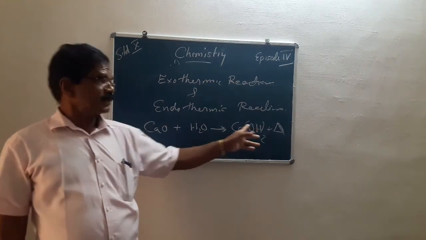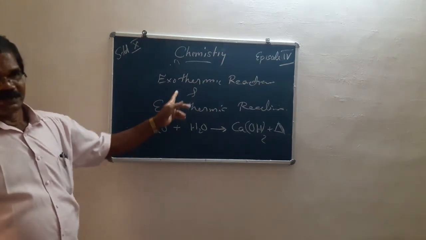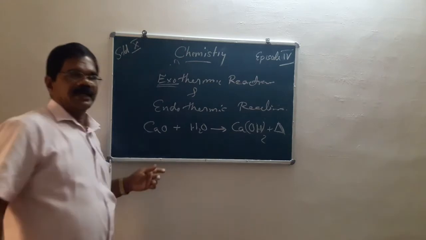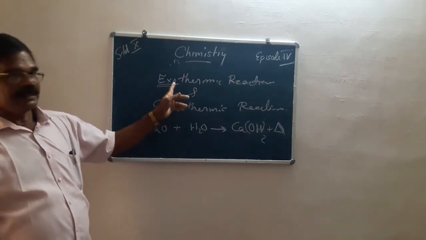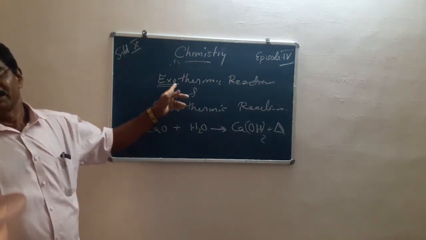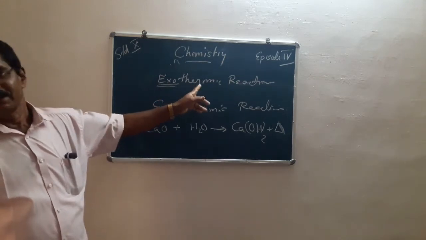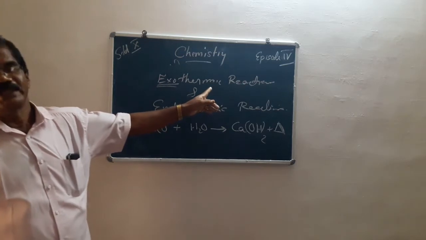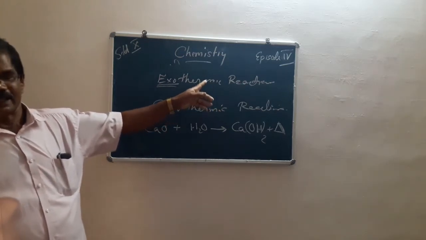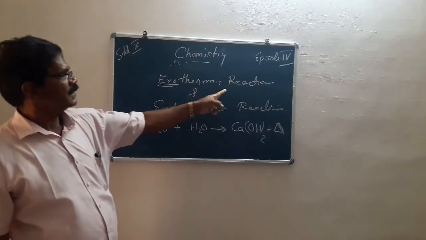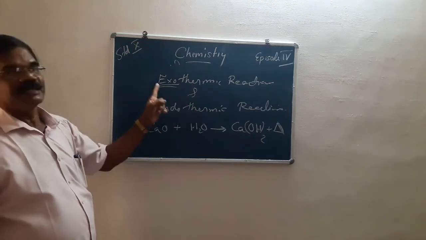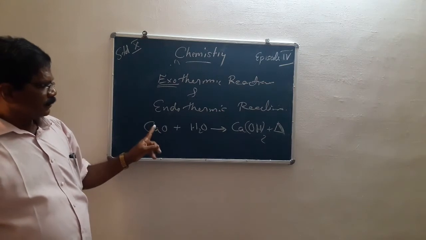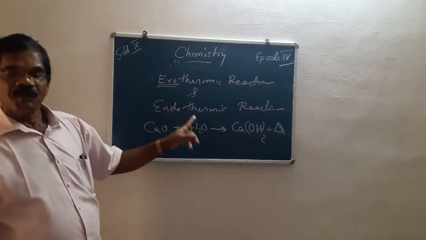You can identify it from the word itself. Exo means exit, and thermo means temperature, as in thermometer. So exothermic reactions are those in which heat energy is liberated. For example, burning of magnesium ribbon, and the reaction between calcium oxide and water.